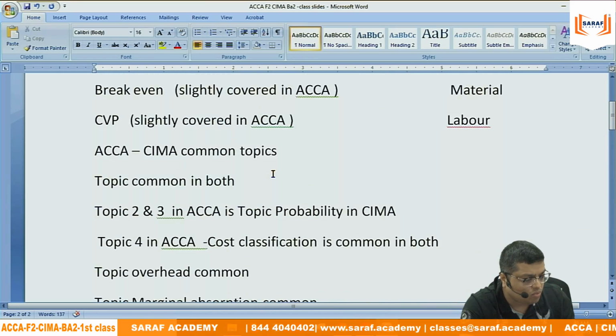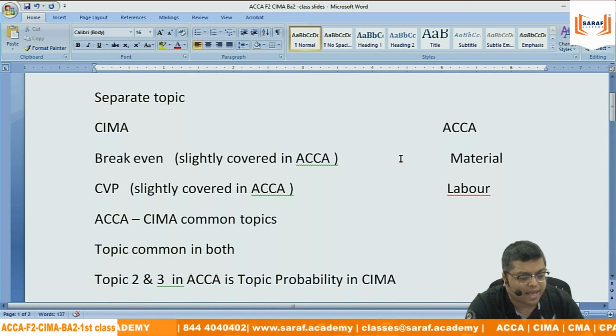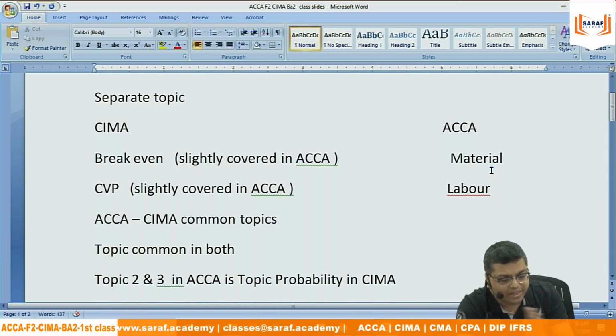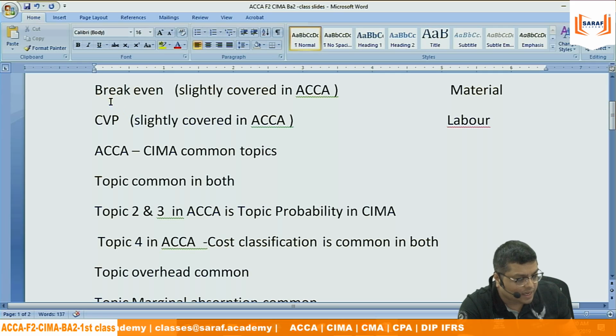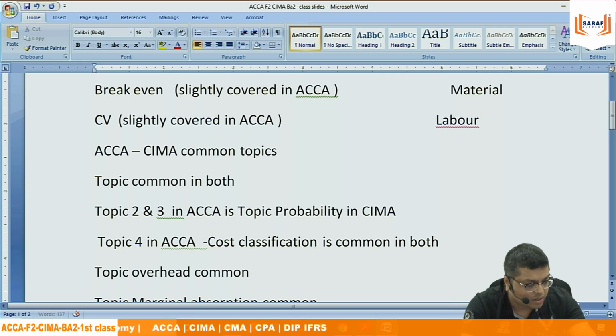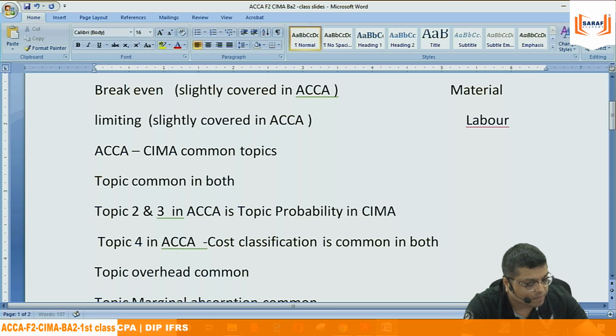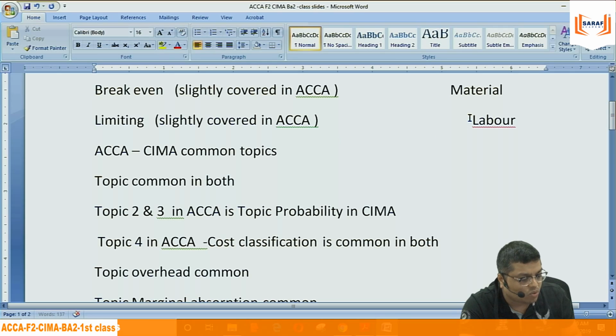So syllabus wise, in ACCA material and labor things are there which are not at all there in CIMA. Break-even analysis, CVP, and limiting factor are at a lower level in ACCA.